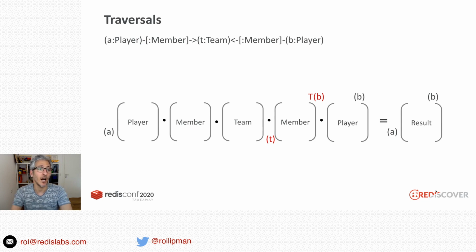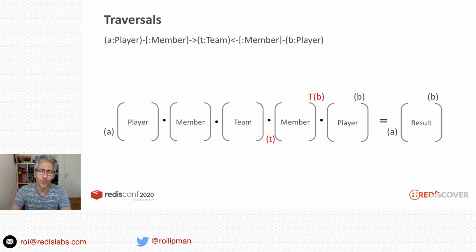So here we're looking for a player A, which is a member of some team. Let's call that team T. And once we found a team for A, we want to find other players on that team. And note that this pattern specifies traversals in both left to right, going from A to T, but then it also specifies traversal in the reverse direction, B to T, going right to left.